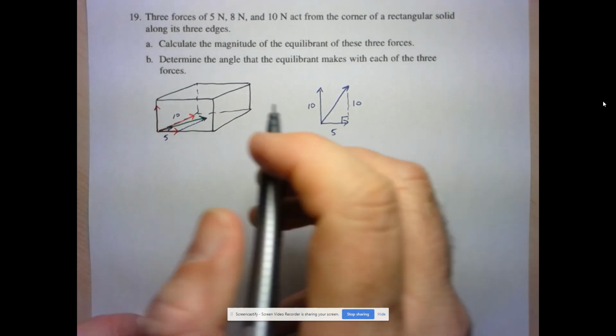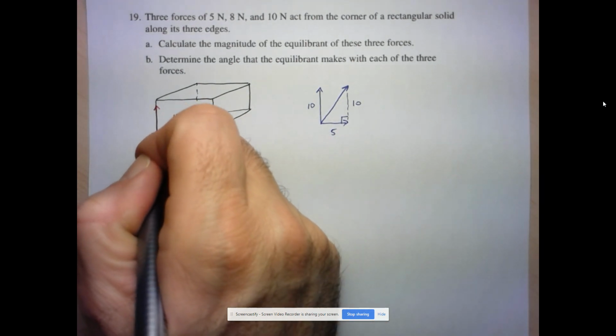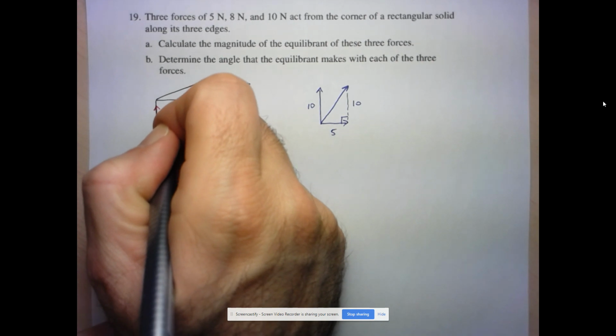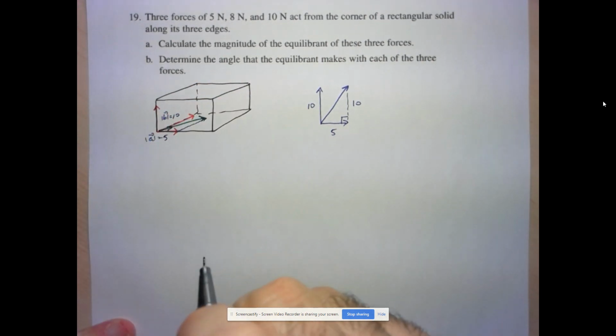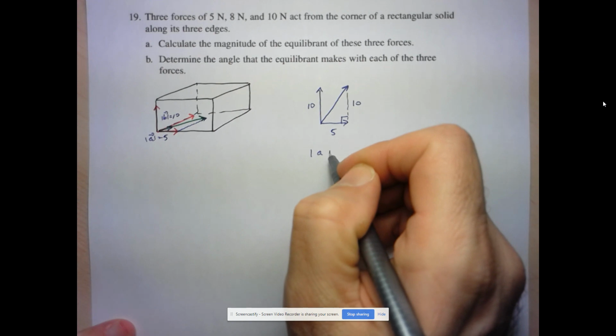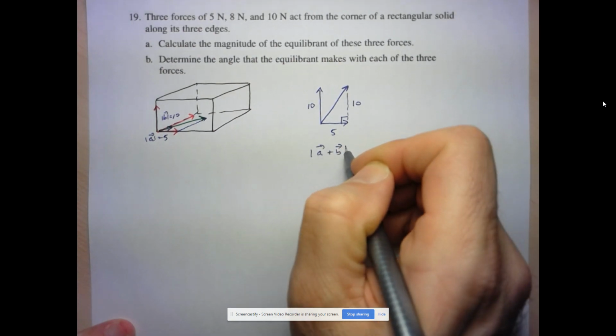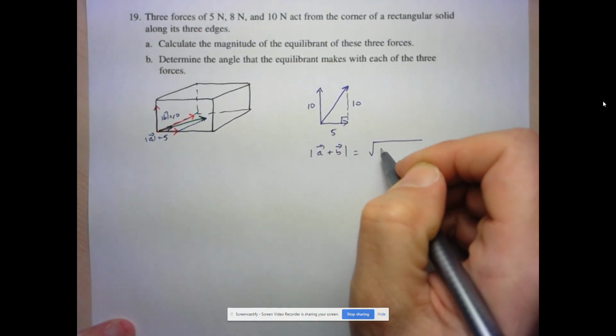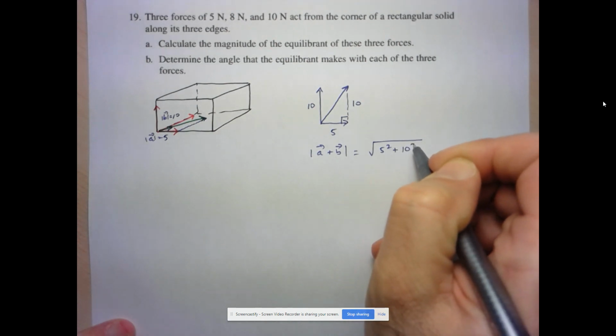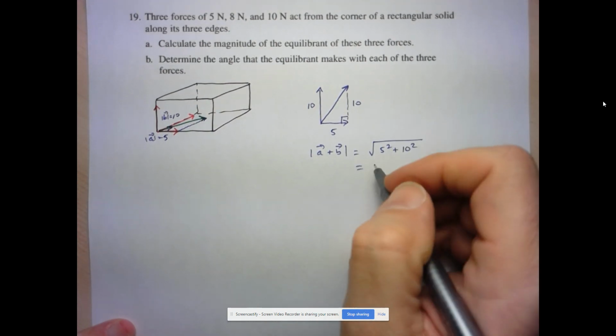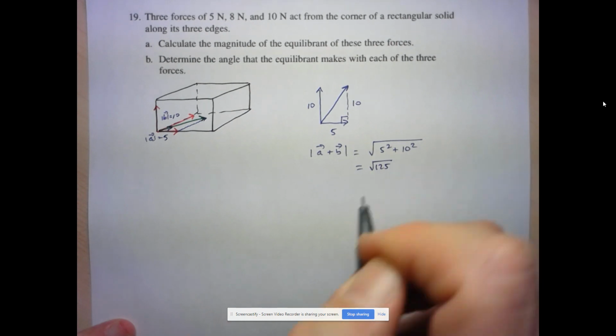So if I call this vector A and this vector B, let's calculate the magnitude of A plus B. It's just going to be the square root of 5 squared plus 10 squared. So 125, so square root of 125.